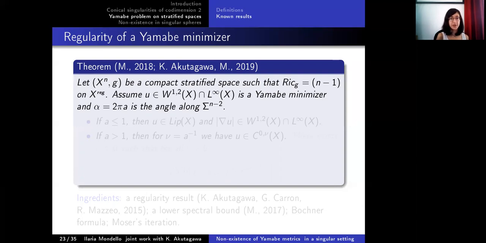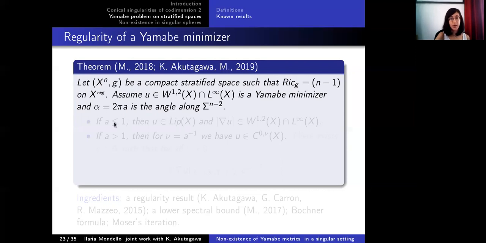So note here that we are assuming that the metric is Einstein on the regular set, but we are not assuming that we have only codimension 2 singularities. So this regularity result is true even if you have other strata of higher codimension. And everything depends only on the angle of the codimension 2 singularity.